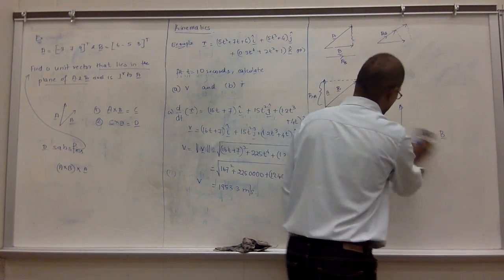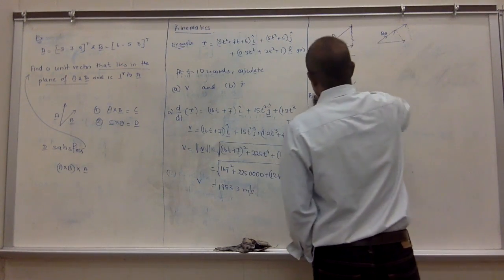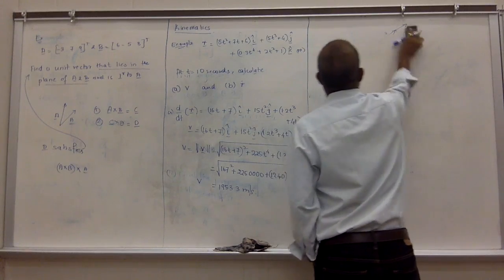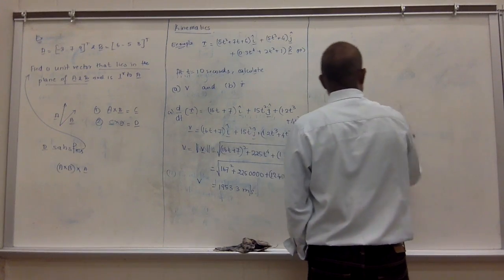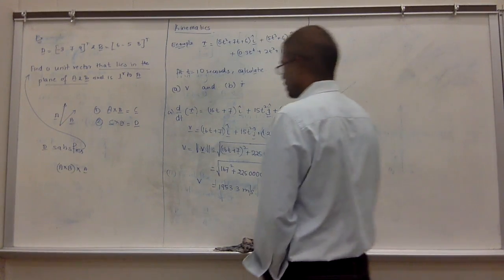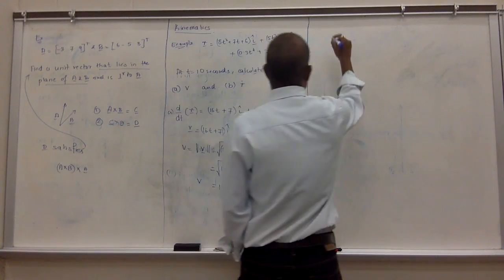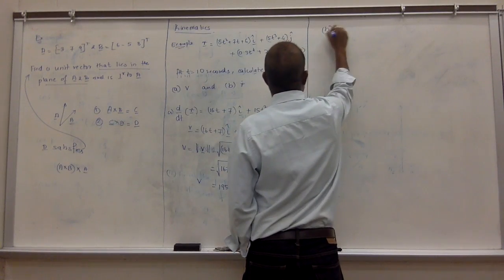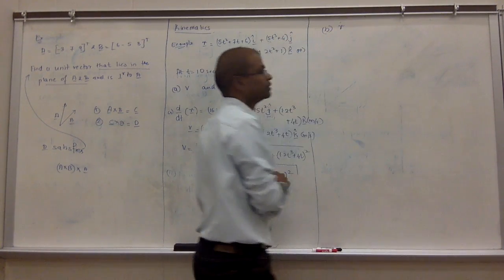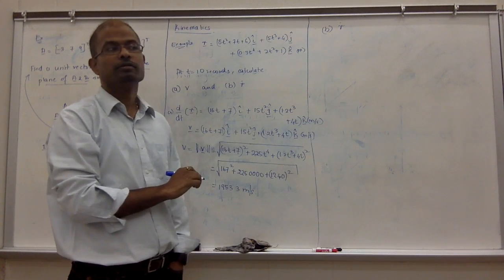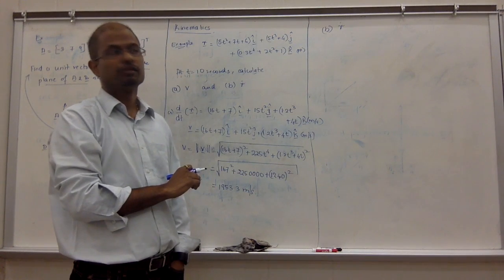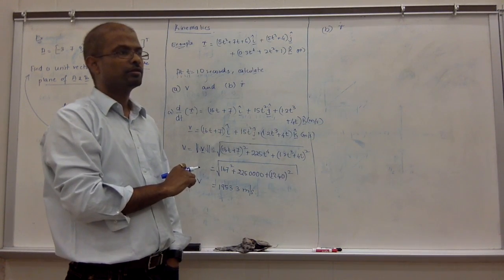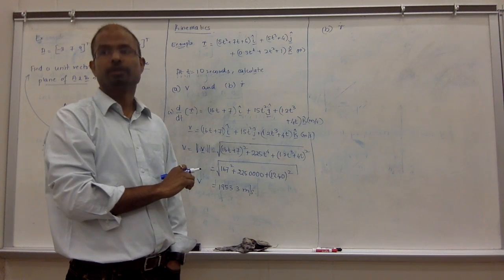Sometimes we tend to overthink. Now how do you calculate R dot? The given is this distance, the displacement, the position.